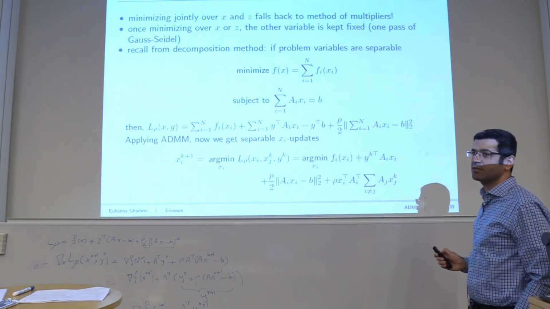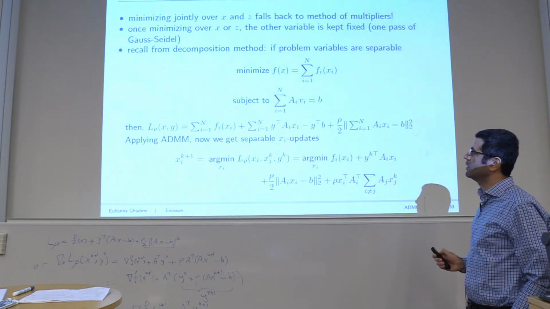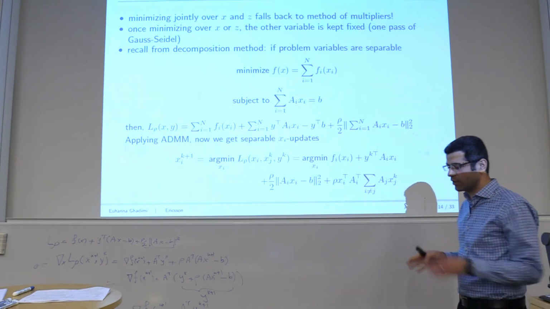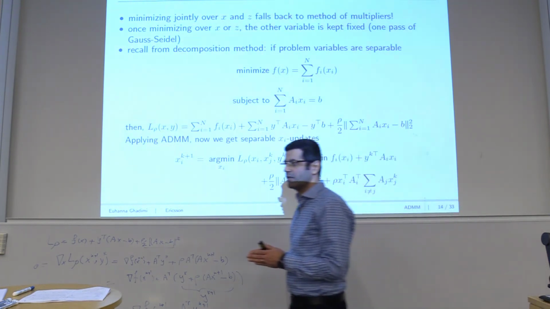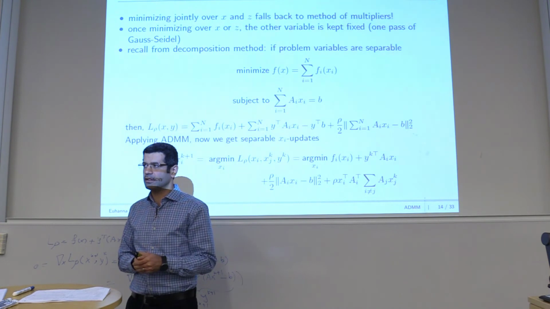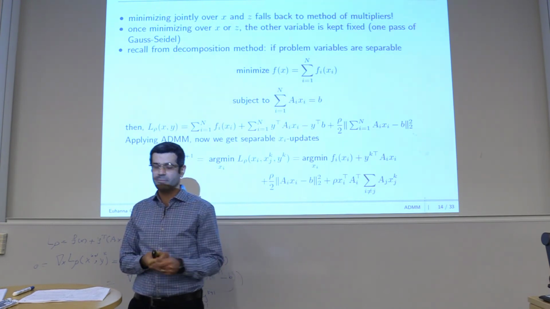But we can understand how it extends, for example, to this summation case that you have, ai xi. So you split your constraint set into blocks of primal variables and blocks of the constraint matrix A.